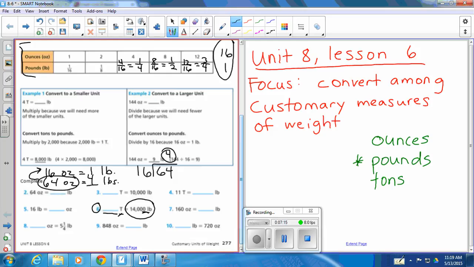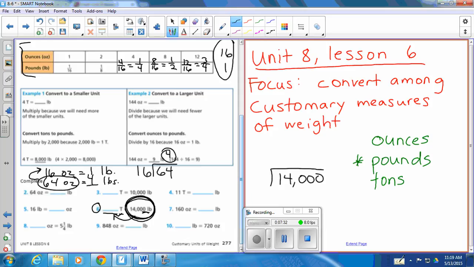Okay, so we know there are this many pounds, so we're converting pounds to tons, which means we need to divide. What do we need to divide by? Why 2,000? Excellent. That's how many pounds are in every ton. Okay, we can actually do that.